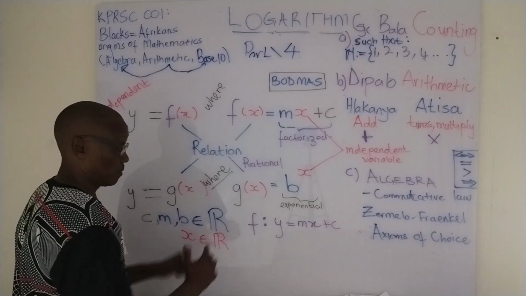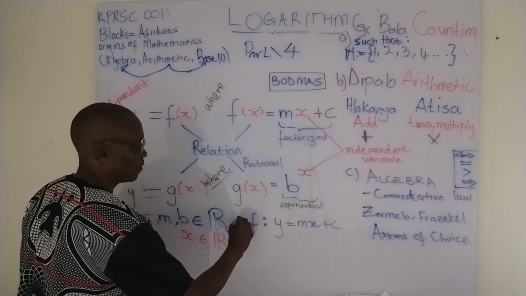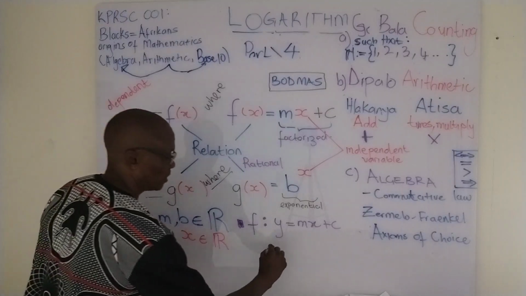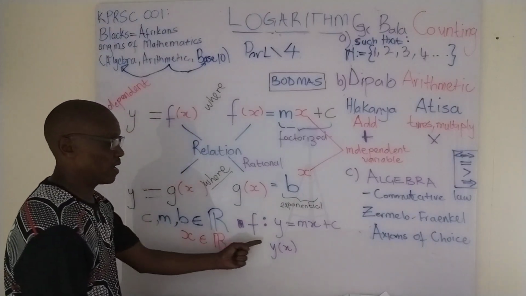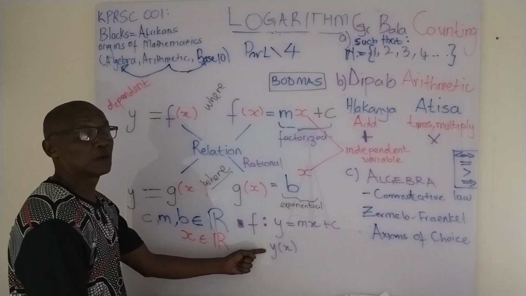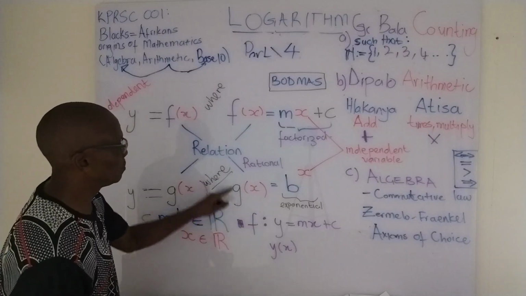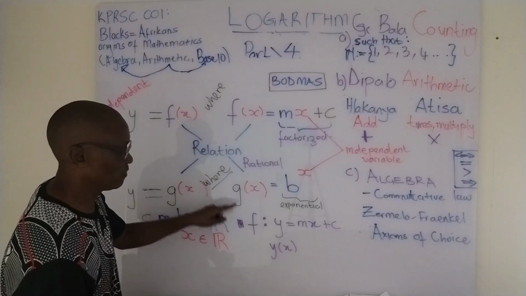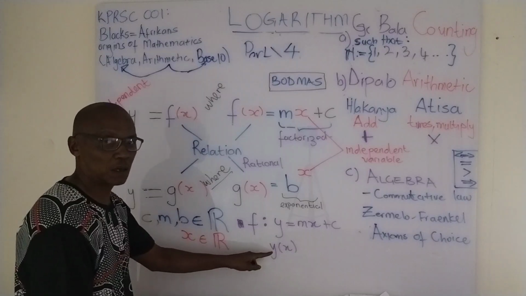Other people, well, another notation for f, which doesn't tell you what f is. It says y of x. Now I like this because it tells me that, oh, you have not used f and g. But y becomes ambiguous here.